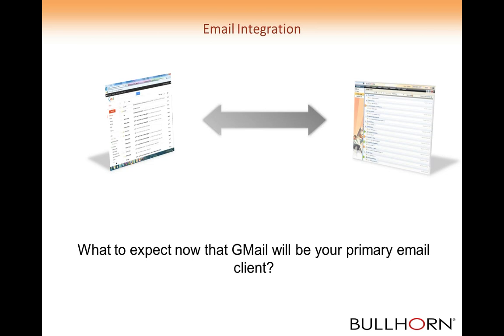So using Gmail combines the best of both worlds. You will be able to get all your features of Gmail as well as all of the best features of Bullhorn. So outbound email, inbound email, everything will be going from Gmail, and it will be tracked to the candidate record or a client contact record as long as they have a matching email address in Bullhorn.